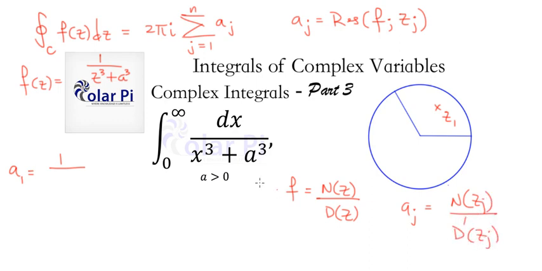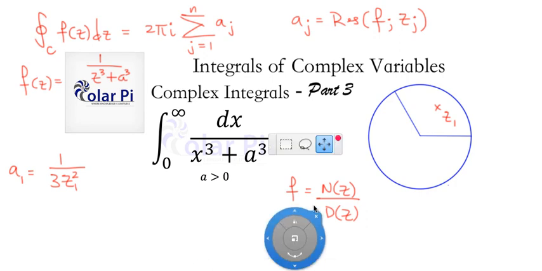Now, n in our case is 1, so we leave it alone. But d prime is going to be 3z squared, and in it we plug in z1, so we get 3 z1 squared. So this is our residue, the only residue we have, and the only residue we care about.